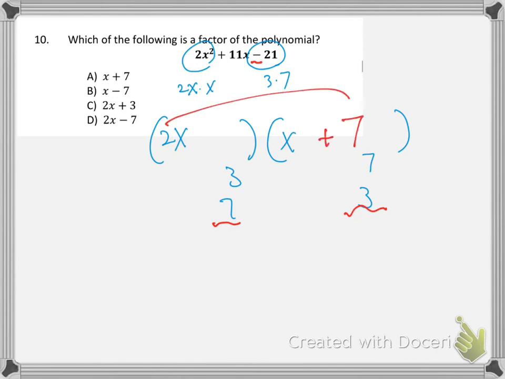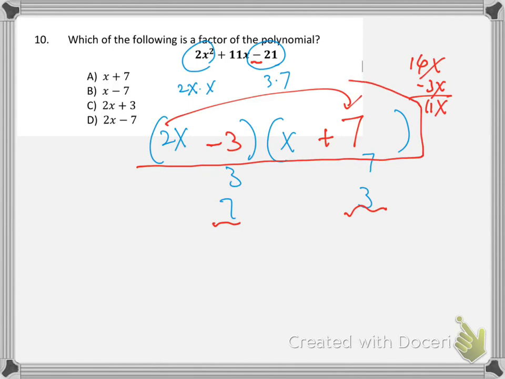We get 2 times 7, 14x. And then this 3 is negative. Minus 3x, so 11x. So you use the trial and error method. If you can guess this way, it's a guessing method. You get 2x minus 3 times x plus 7. So which one is the answer? The answer is A.